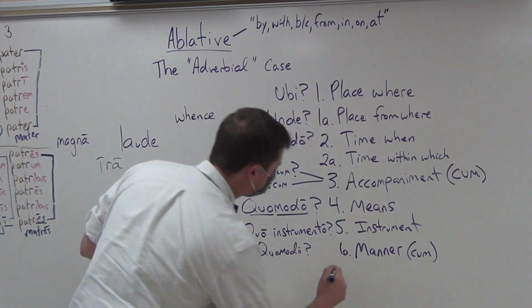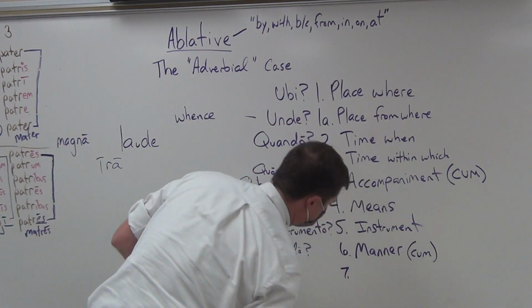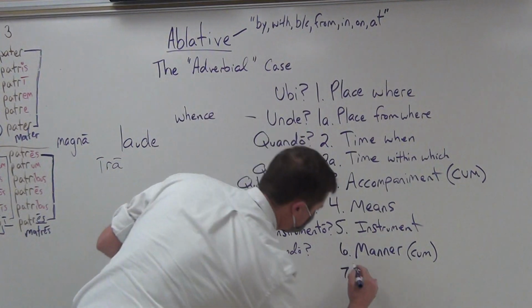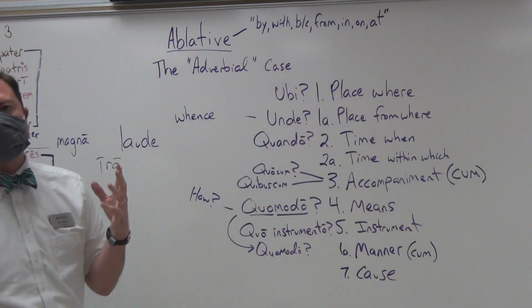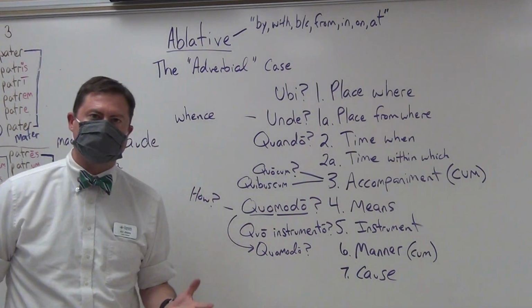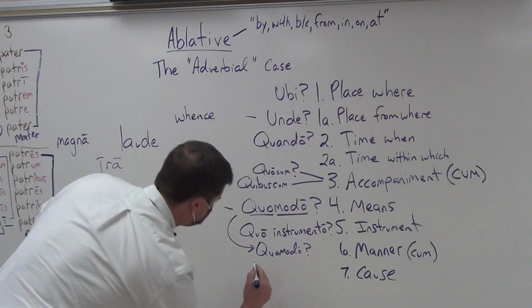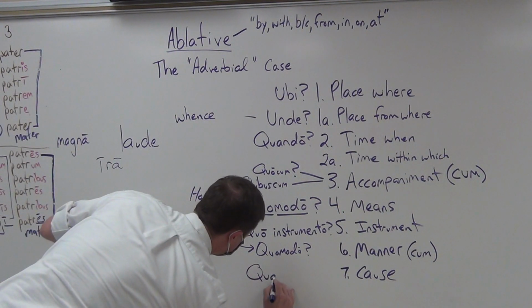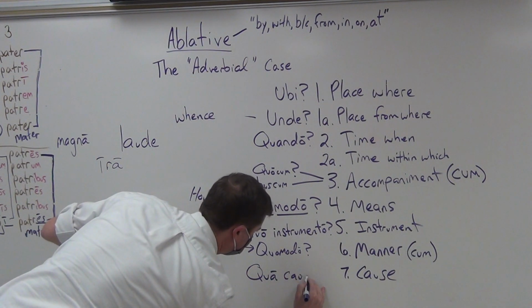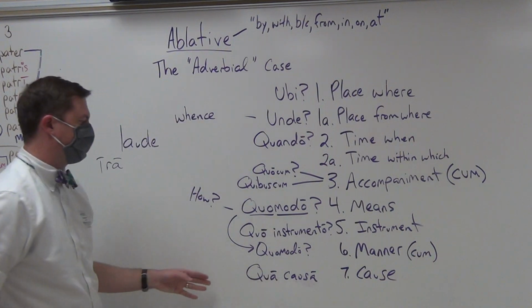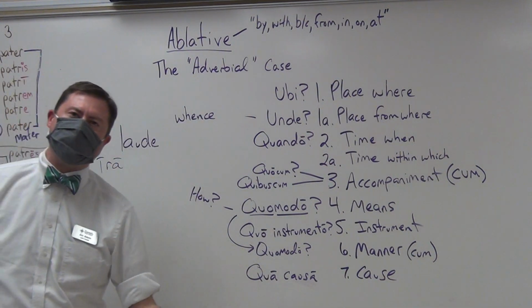And the seventh and final usage of the ablative is the ablative of cause. And obviously, that ablative of cause gives you the cause for something. And so here, it would be answering the question, causa. By what cause? By what reason?